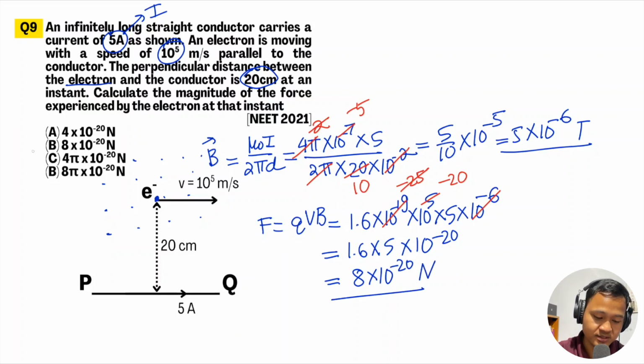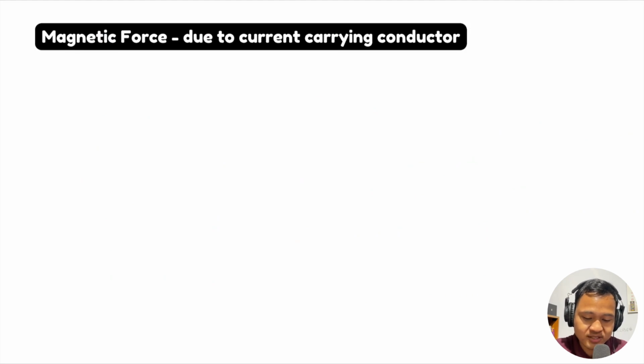Okay, second option: magnetic force due to a current carrying conductor. A moving charge inside a magnetic field experiences force Q into V cross B. Now if you have a wire, any conductor placed inside a magnetic field, let's write it like this.